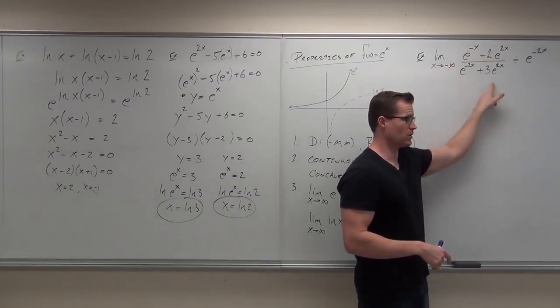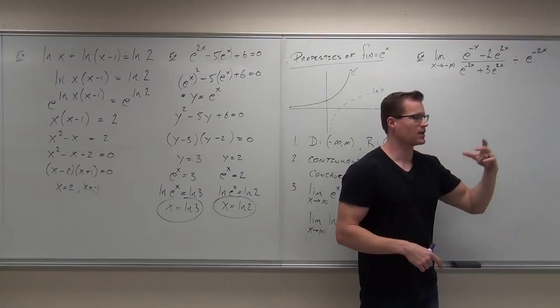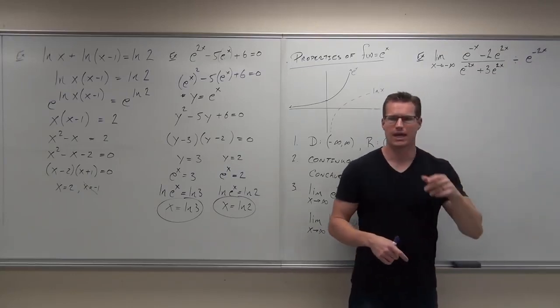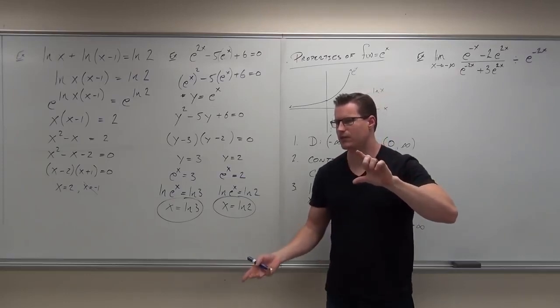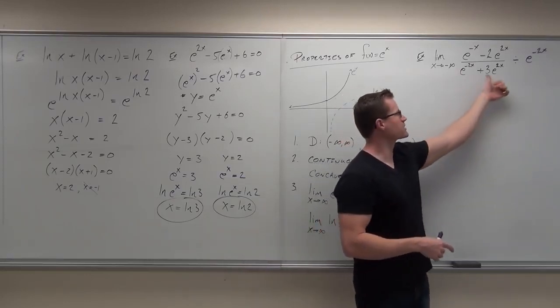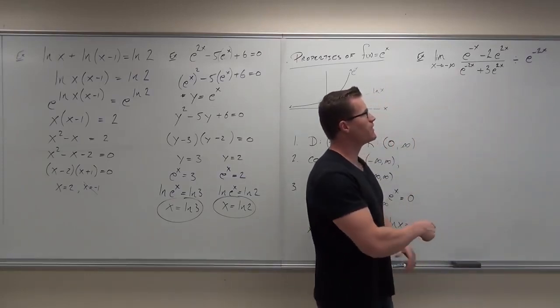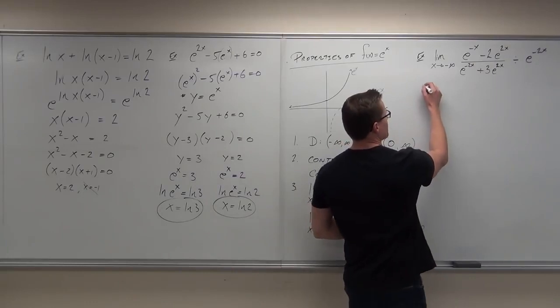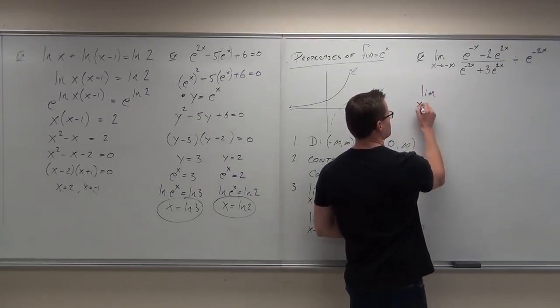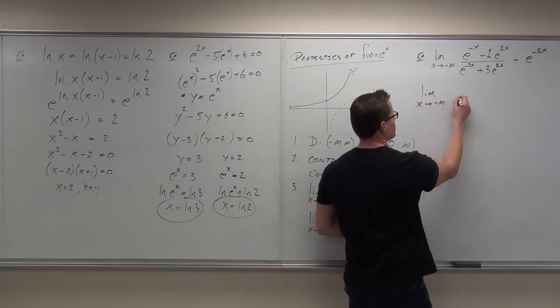You'll usually look here, okay? Otherwise, if you divide by the wrong thing, you can get a 0 on the denominator, which of course we can't have. So you typically divide by some term down here. I'm going to divide everything by e to the negative 2x. Let's see if we can do this together, okay? I'm still going to have a limit. Negative infinity.